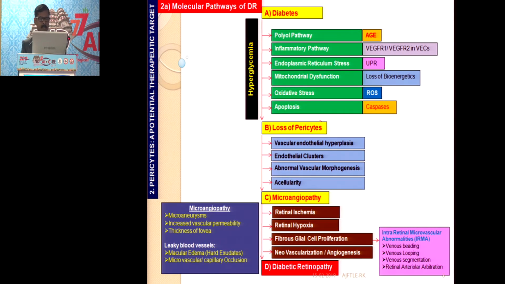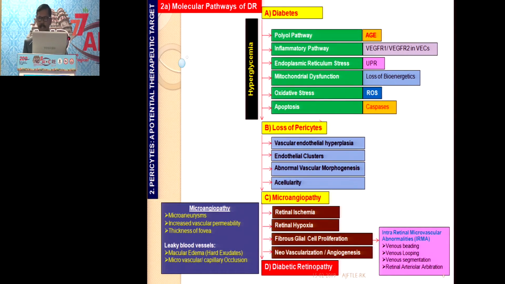The loss of pericytes along with vascular endothelial hyperplasia leads to acellularity, then microangiopathy, a condition defined as retinopathy. Then with the presence of retinal ischemia and hypoxia, that leads to neovascularization, ultimately ending with proliferative diabetic retinopathy.